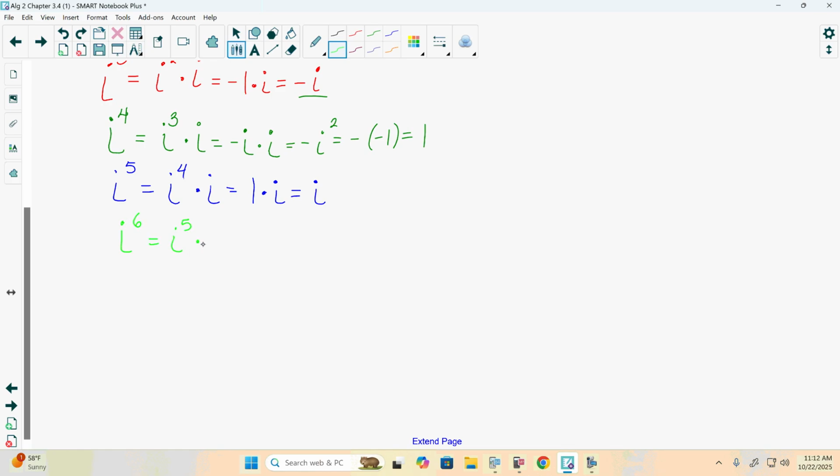i to the sixth power. Well, that'd be the same as i to the fifth times i, yes? What did we say i to the fifth is? i. So we really just have i times i, which is the same as i squared, which is just negative 1.